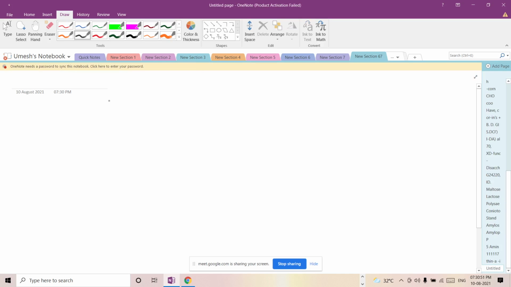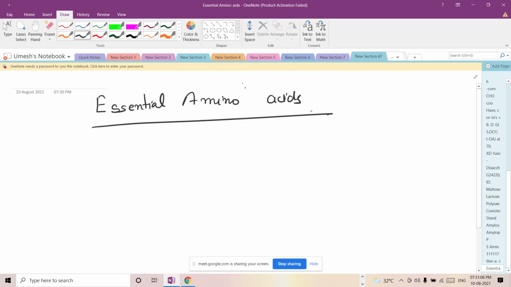Then it is further classified as essential and non-essential. Essential amino acids are those which are not synthesized in the human body. They have to be taken in our diet, right?